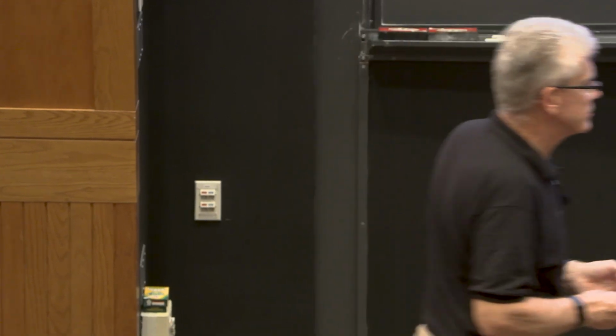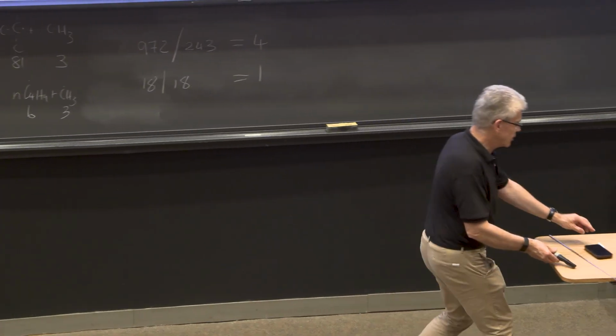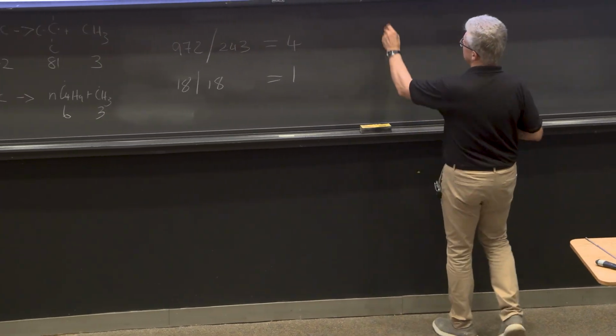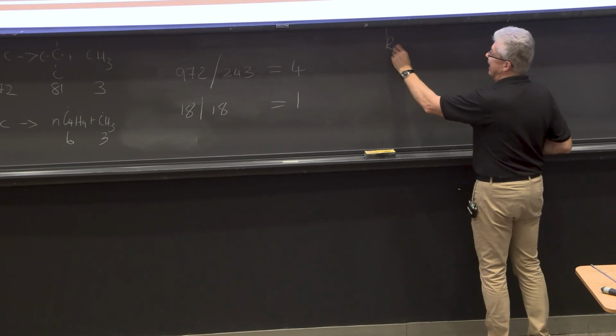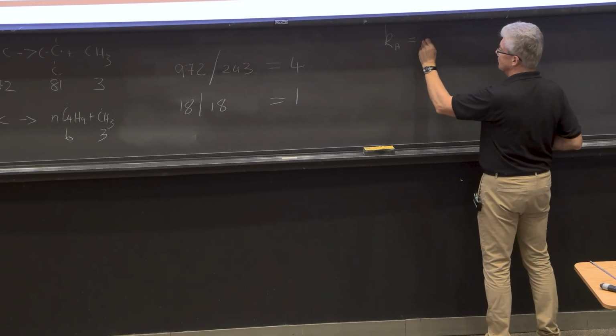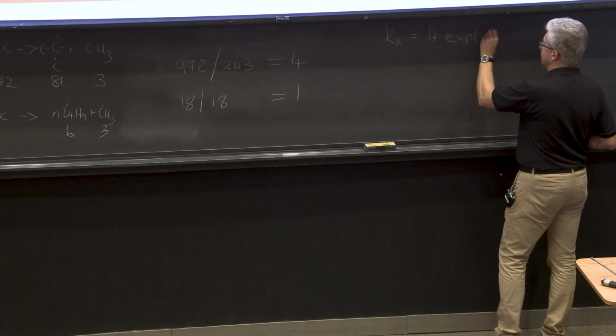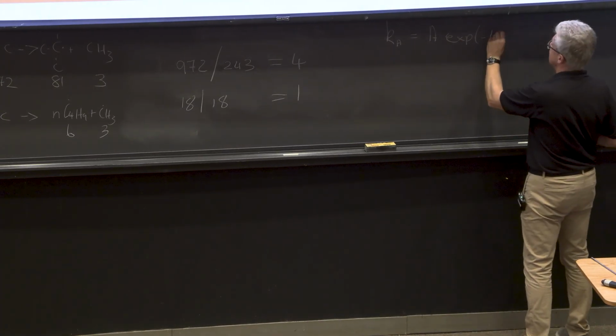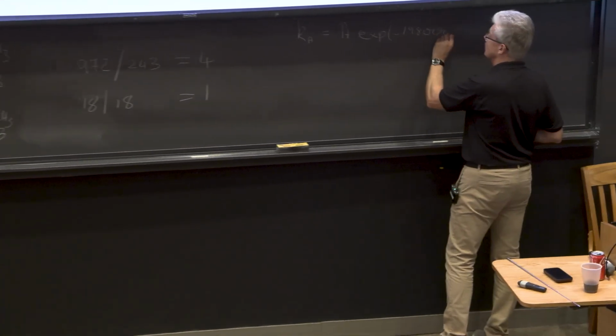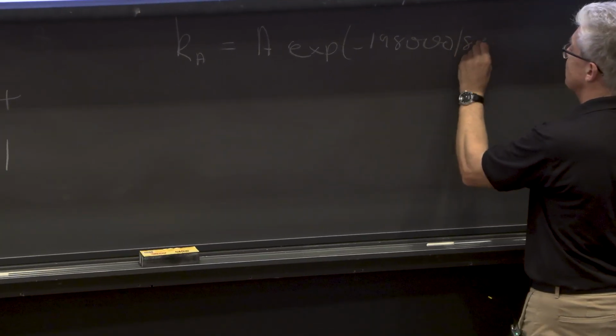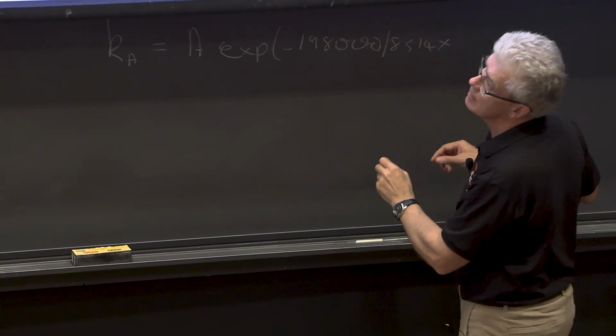In the first reaction, K1 is equal to A exp minus 198,000 over 8.314 times 773.